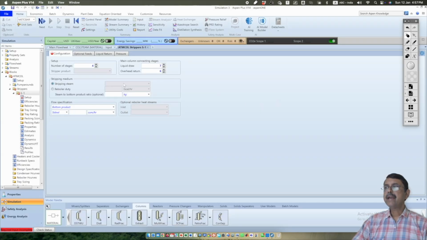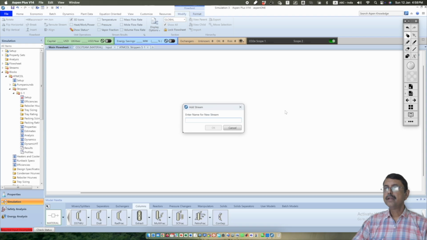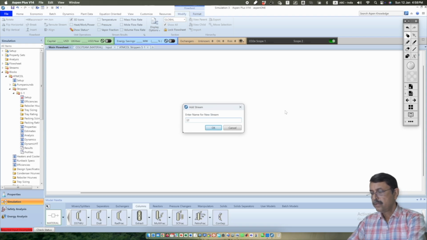Now we do not have any option to give such information over here. Why? Because we have not added any extra steam. So we go back to the flow sheet. In the flow sheet, we add this steam. So this is stripper steam feed, stripper steam 1.